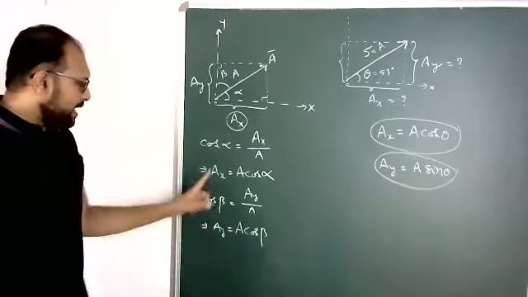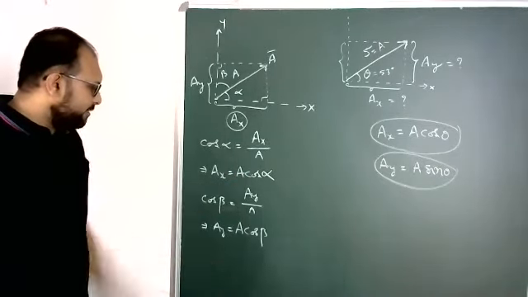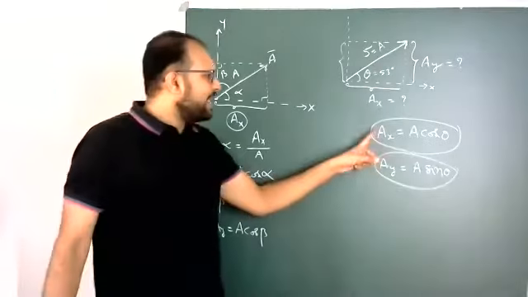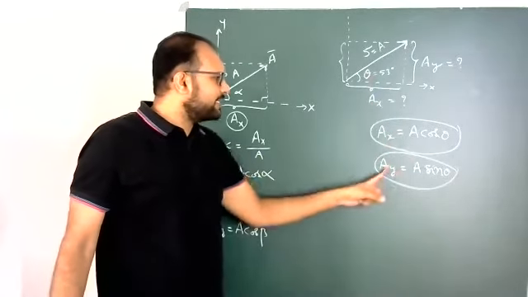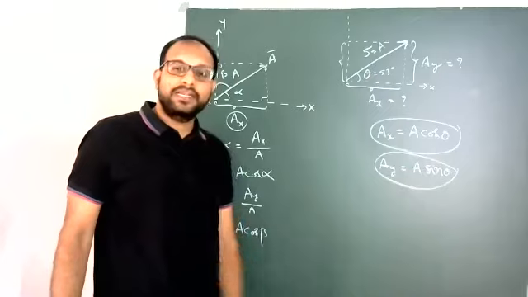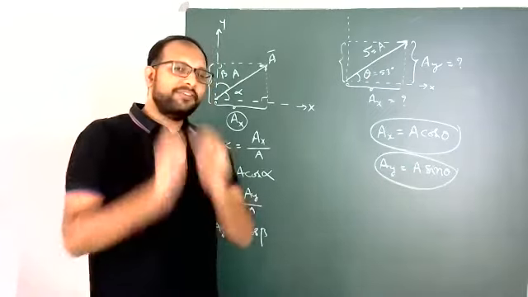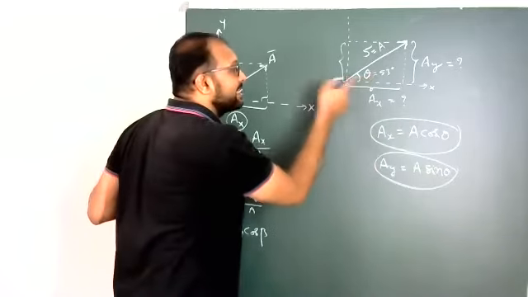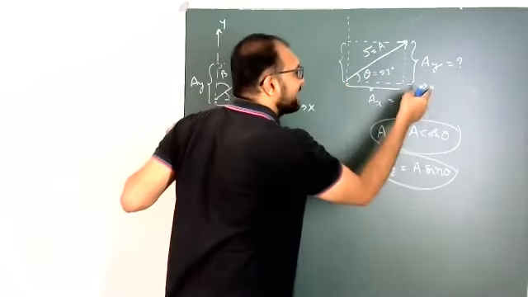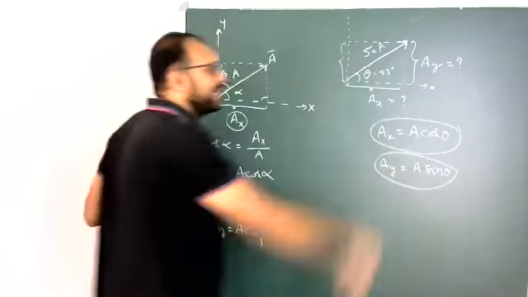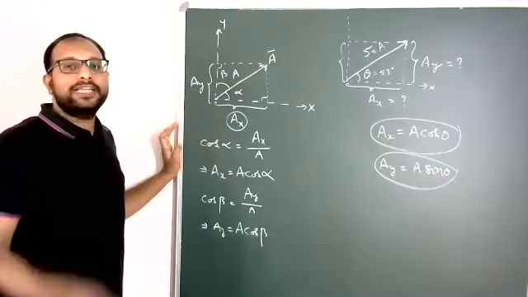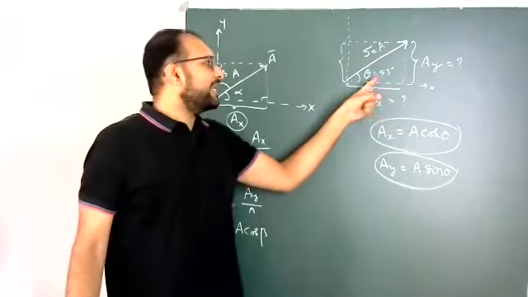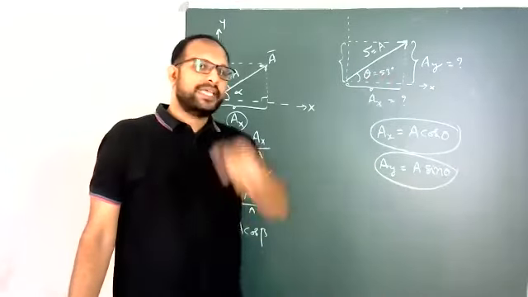So here, Ax equals A cos alpha, Ay equals A cos beta. Same thing as now here, Ax equals A cos theta, Ay equals A sin theta. A small difference is there, students. Suppose here angle theta is only with the x-axis. This is the theta. In terms of only theta, if you want to write, adjacent side cos theta, opposite side sin theta.